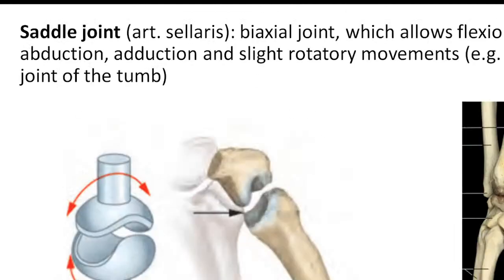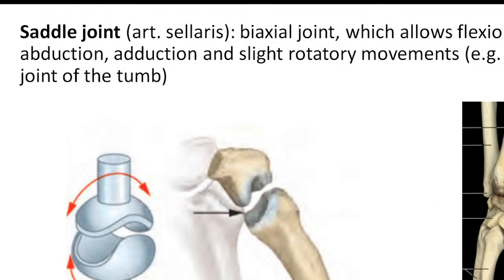Saddle joint, articulatio sellaris, a biaxial joint which allows flexion, extension, abduction, adduction, and slight rotatory movement. For example, the carpometacarpal joint of the thumb.